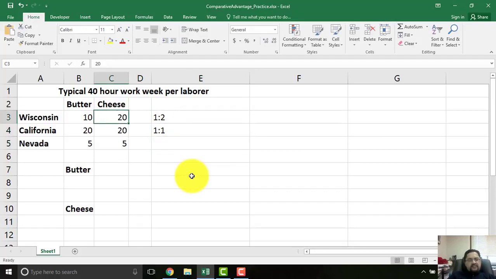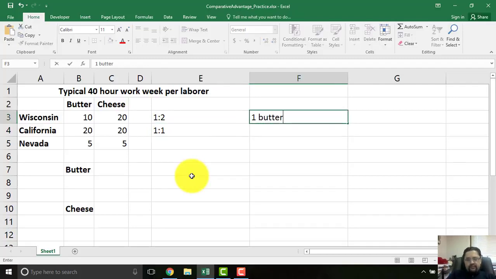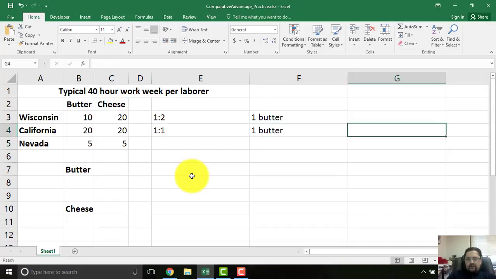So what this is saying is in Wisconsin, for every 1 unit of butter that I make, I could have made 2 units of cheese. In California, for every unit of butter that I make, I could have made 1 unit of cheese. So 1 butter, 2 cheese, 1 cheese.